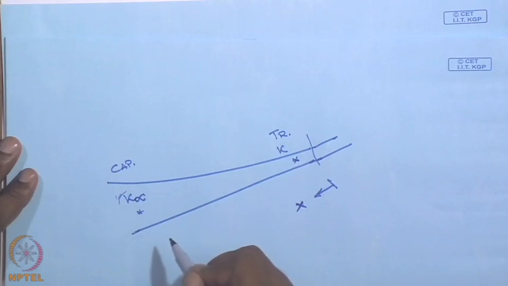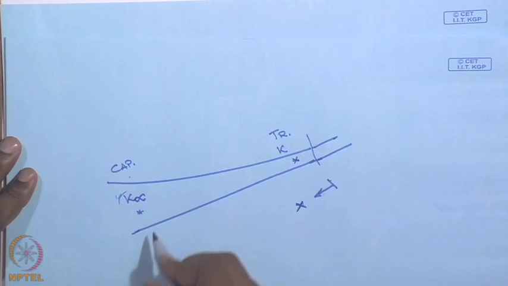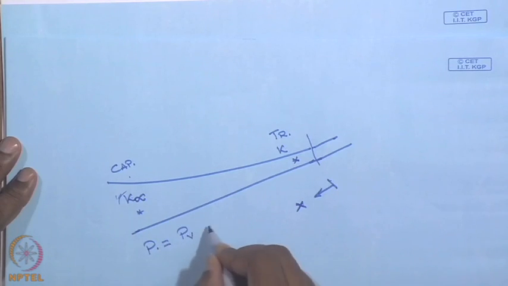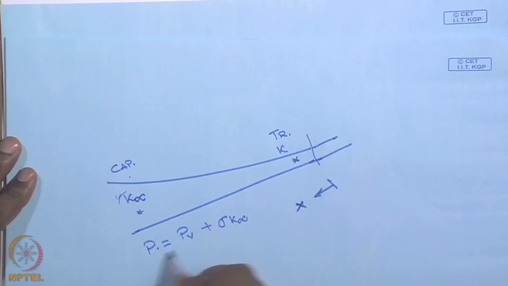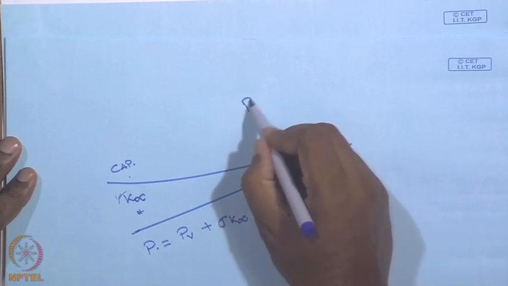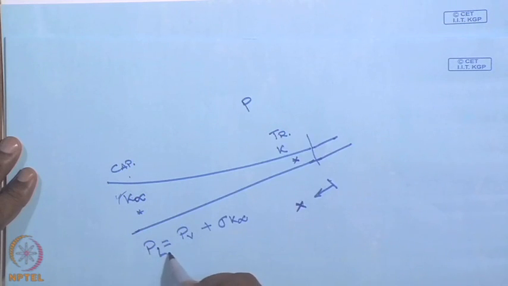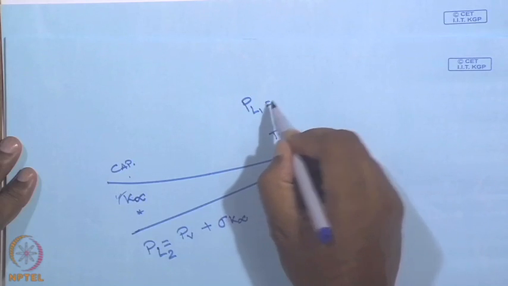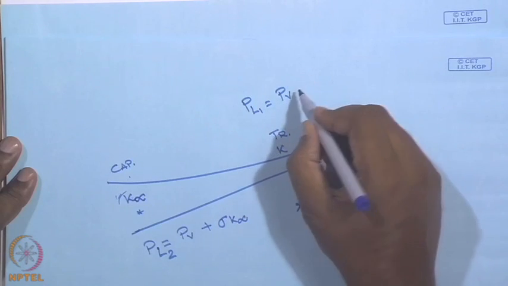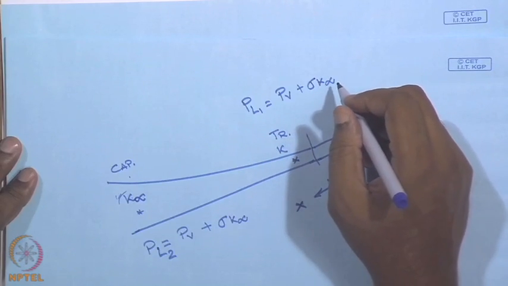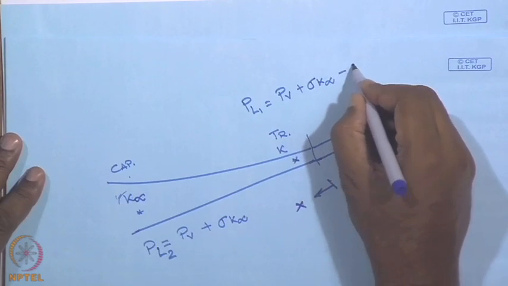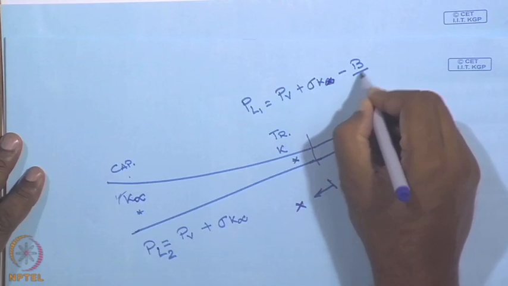If I write the Young-Laplace equation, then P L would be P v plus sigma k infinity, and we do not have any disjoining pressure in this case, but over here P L 2 and P L 1 are going to be equal to P v plus sigma k infinity, and P v plus sigma k minus b by delta to the power 4.